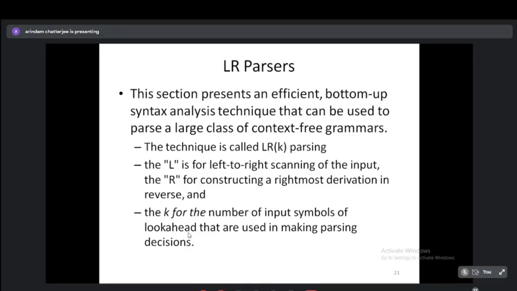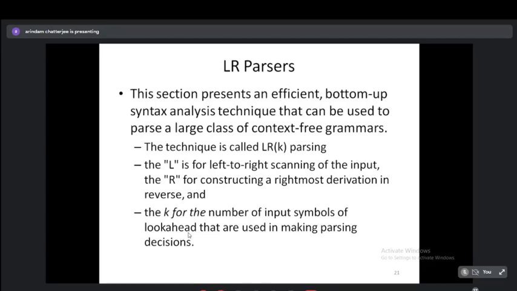LRK means K lookahead symbols. It is basically the number of input symbols you are using to make a parsing decision. Like in our earlier case, we haven't shown anything like how many symbols we are looking ahead. Here we'll see how many symbols we are looking ahead to understand whether it should be a shift action or reduce action.